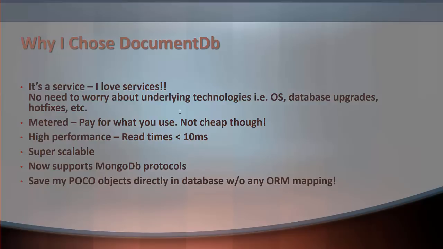Next one is really my absolute favorite as a developer. I save my POCO objects directly in the database without any kind of mapping. I mean, this is heaven. I have a customer object that I use in my application to deal with the logic or interacting with the user maybe.